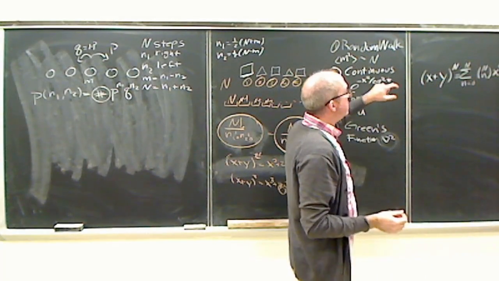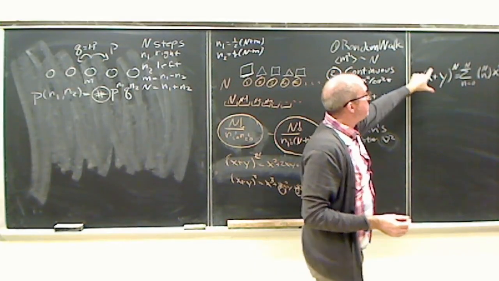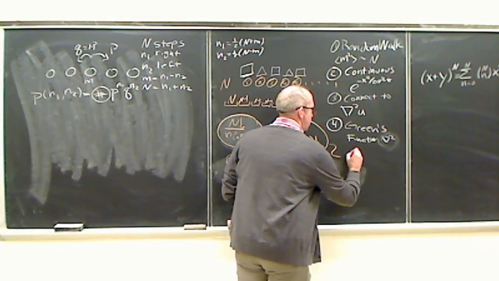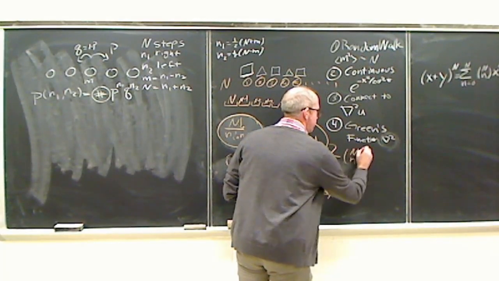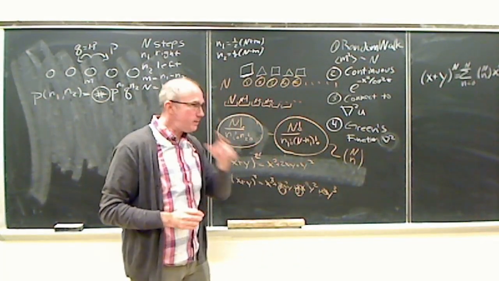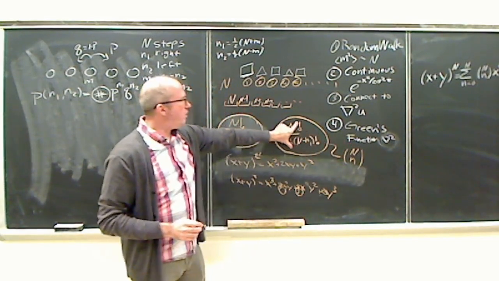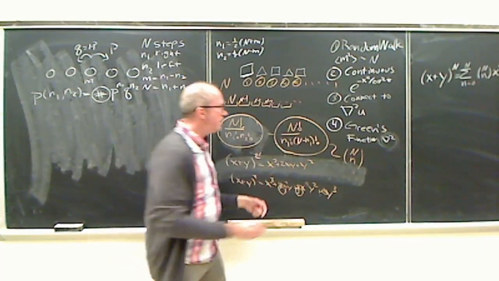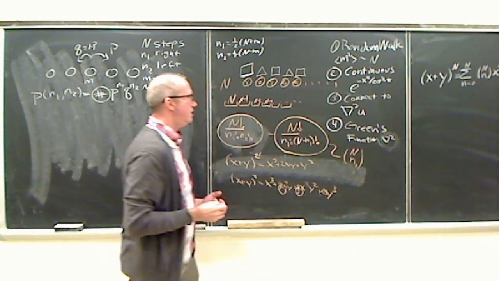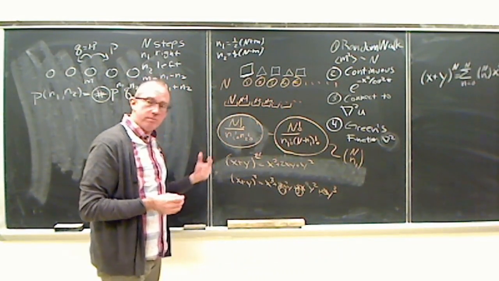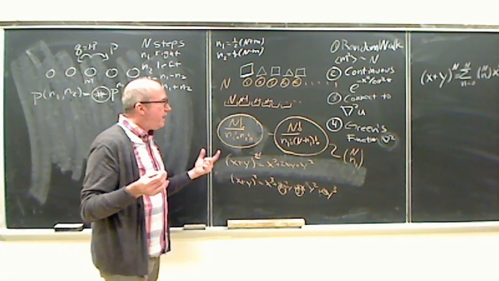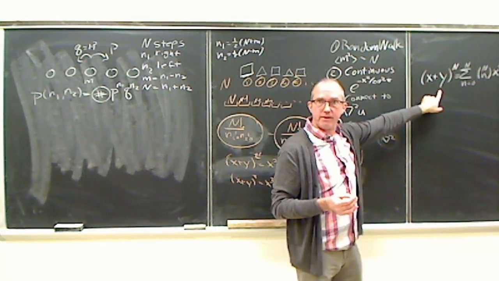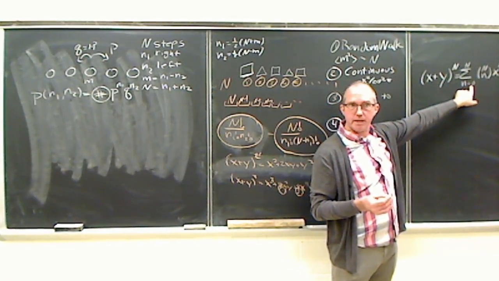So a general binomial expansion has this, N choose n. This notation goes along with N factorial over n factorial times N minus n factorial. Is everybody good with that so far? And everybody good with the fact that these things are in fact the coefficients of some binomial expansion?